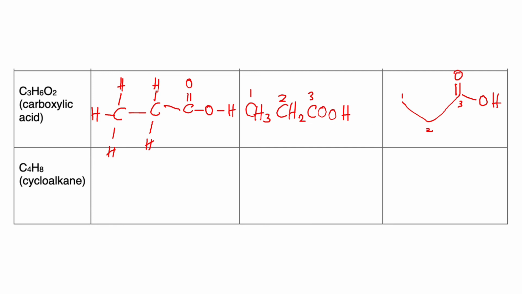And lastly, cycloalkane. Cycloalkane 4. This is like what Madam did earlier. Okay, this is interesting. If it's 4, we do it like this. 1, 2, 3, 4. So, we can make it a square. But if you want to draw it as a diamond, that's fine too. No problem. Okay. So, H, H, H, H, H, H, H, H. This is expanded.